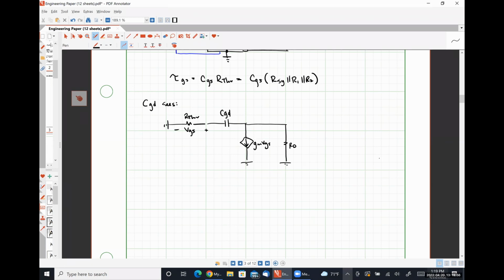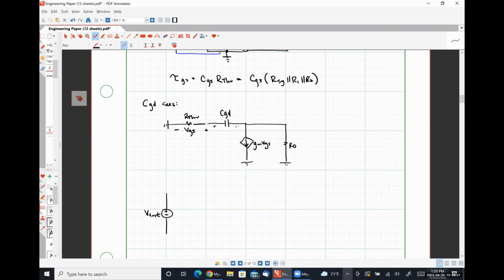So I'm going to put my test source voltage where my capacitor CGD is, okay? So here's my voltage V test, where I'm arbitrarily choosing the positive polarity terminal here and the negative polarity terminal over here.